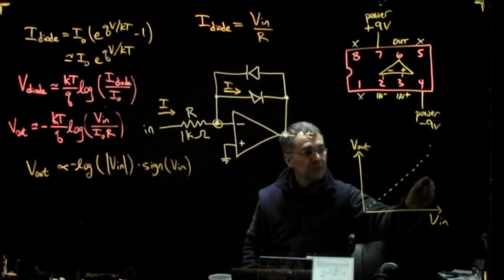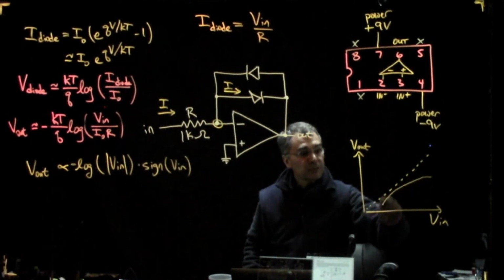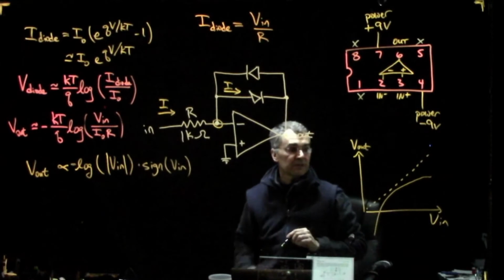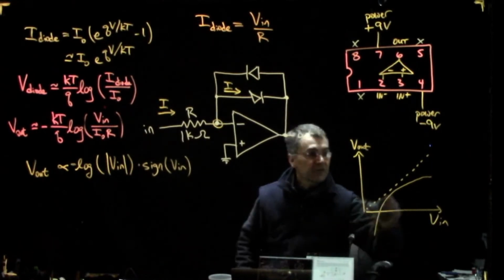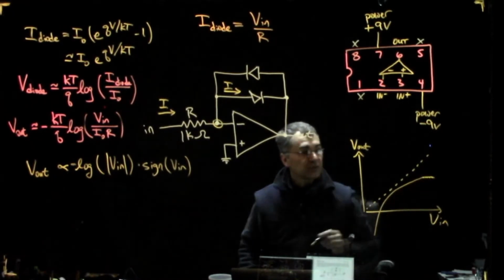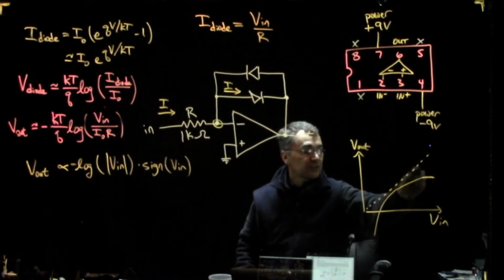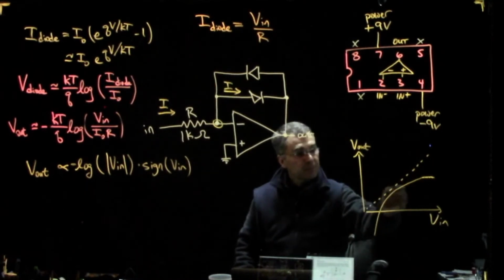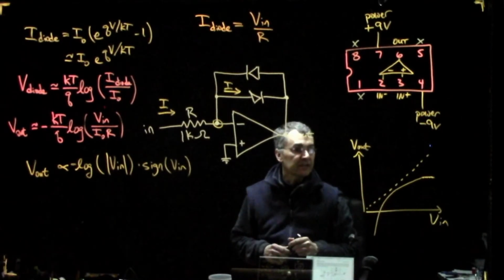So the logarithm function has a slope that becomes small here, and then its slope becomes very big here. As V in gets big, V out will appear proportionally smaller. It'll increase at a smaller and smaller rate. But as V in becomes small, V out is kind of exaggerated.